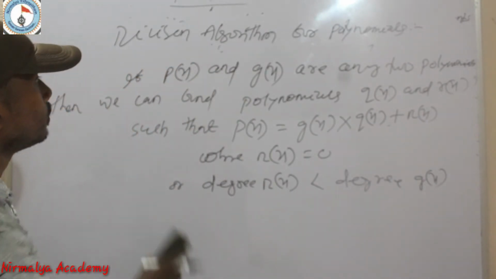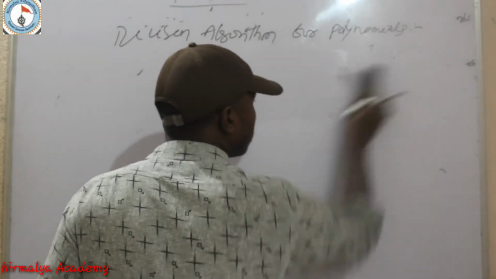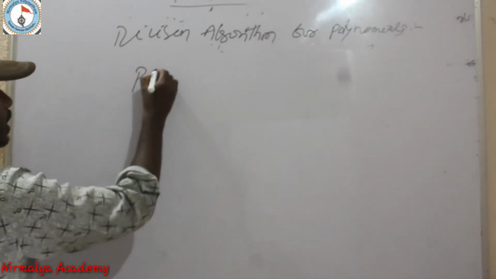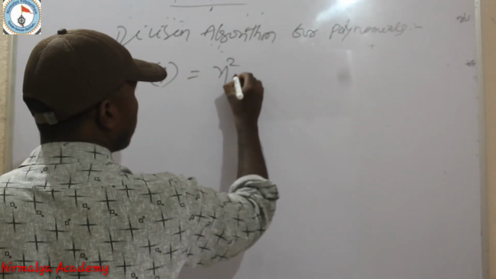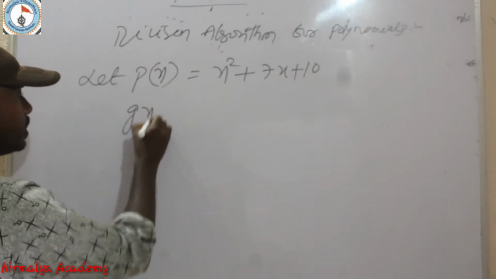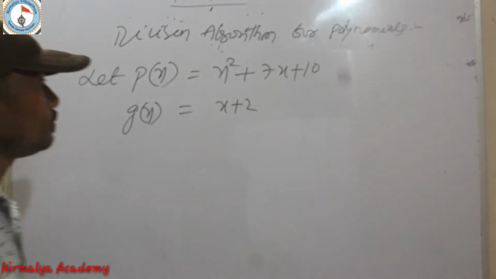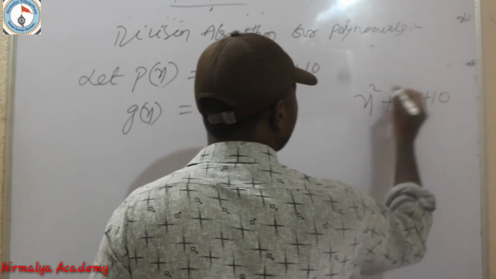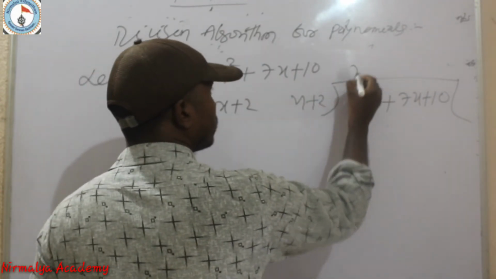Let's take an example. Let p(x) equal x square plus 7x plus 10 and g(x) equal x plus 2. Now on dividing x square plus 7x plus 10 by x plus 2, we get x first.